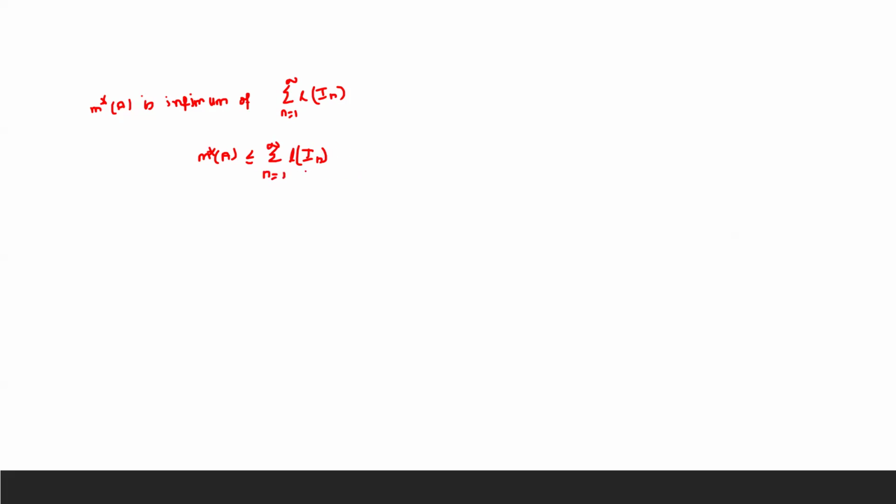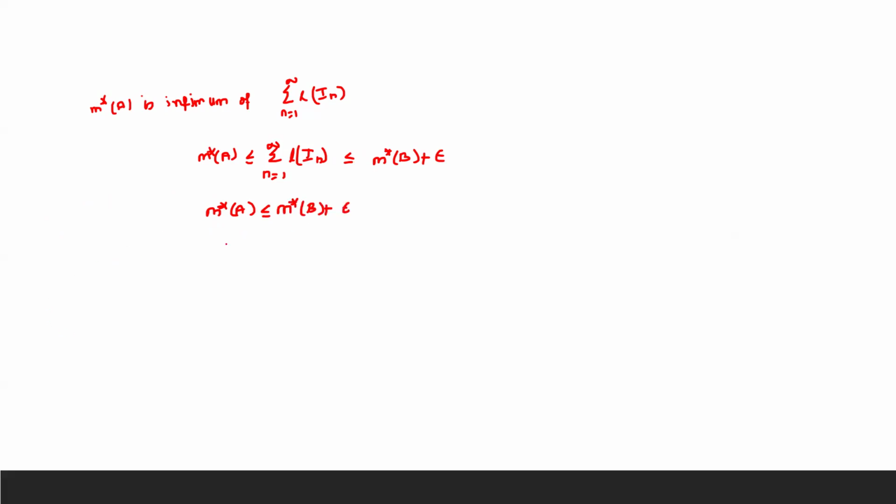And previously, we have the sum of the length of I_n less than or equal to the outer measure of B plus epsilon. So finally, we can write here the outer measure of A is less than or equal to the outer measure of B plus epsilon.